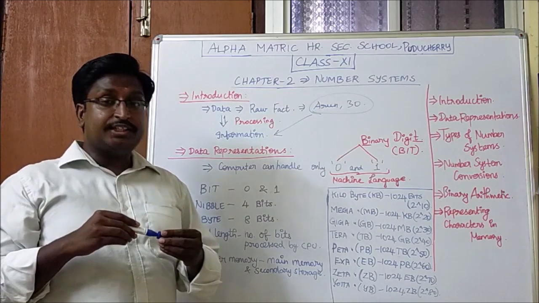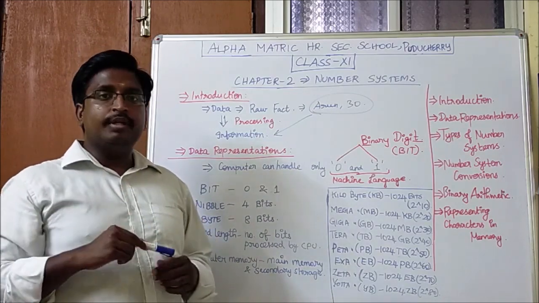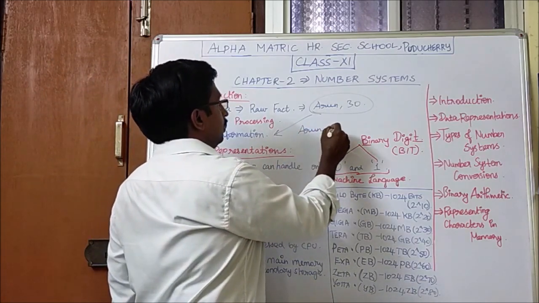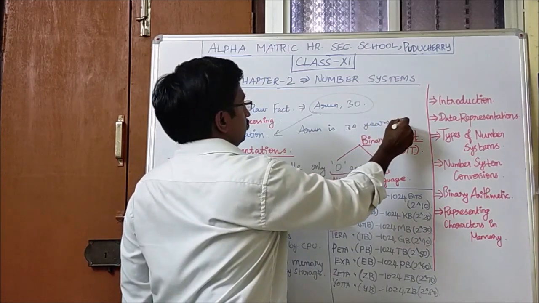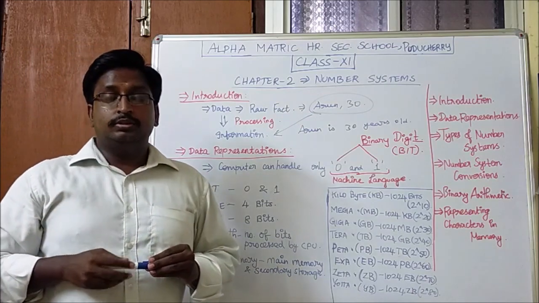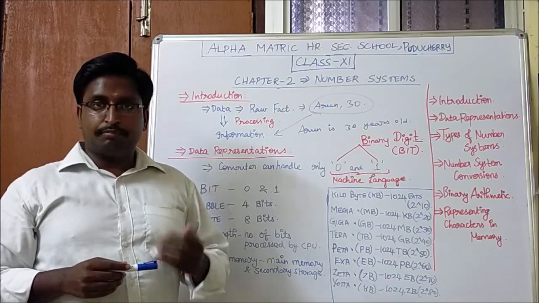Information is a collection of processed facts from which conclusions may be drawn. So, Arun is 30 years old. This is the information. So this is all about the definition and introduction part.